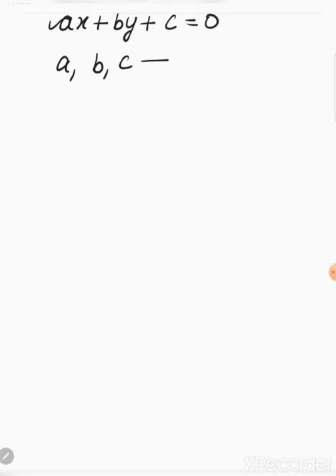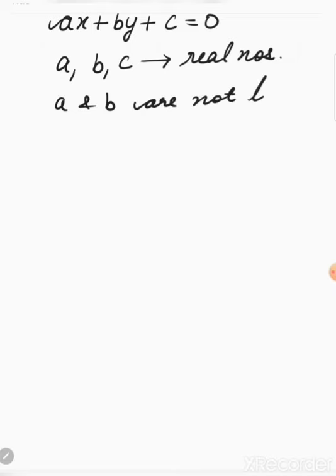Now we come to linear equation in two variables. An equation of the form ax plus by plus c equal to 0, where a, b and c are real numbers and a and b are not both 0.